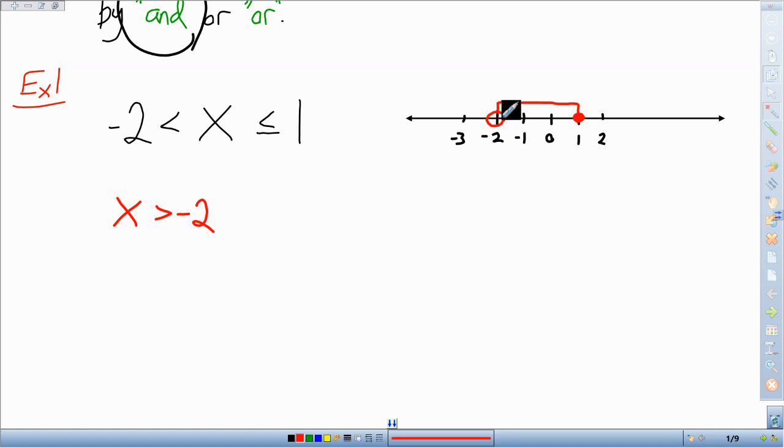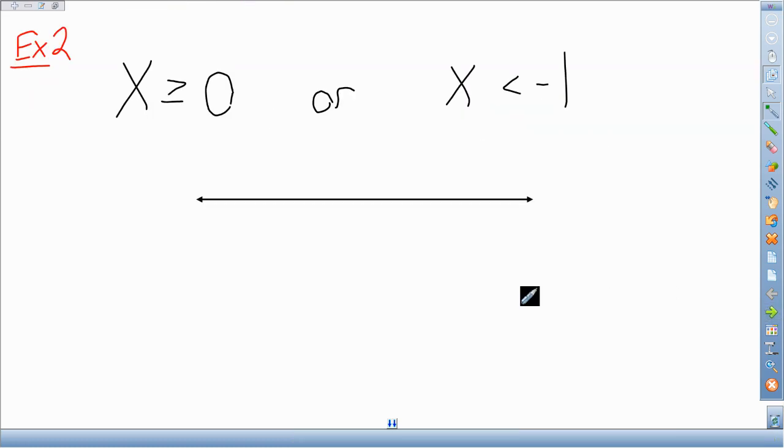And you can see these two number lines are running into one another, and that is what happens on a quote-unquote and compound inequality. Basically what this is saying is that x can be any number greater than -2 and less than or equal to 1. Okay, so that's why it's an and. Basically x can be all of the values between these two points.